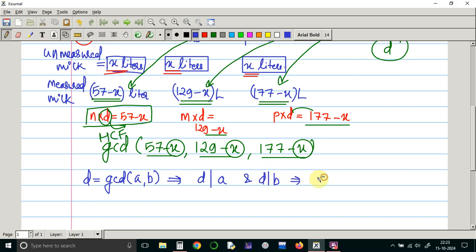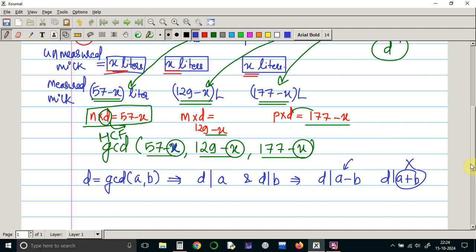So this also implies d will divide the difference of a and b, the subtraction of a and b. So d also divides a plus b. But the addition is not going to help me, because with addition this x is not removed. But if I take the subtraction, this x will be removed.